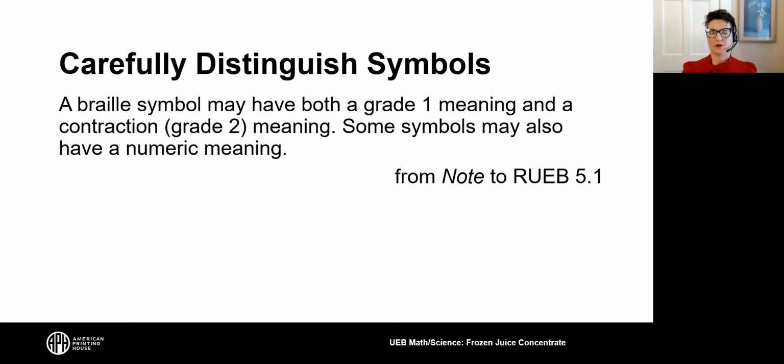Let's talk about just one more. In grade 1 mode, dots 1, 4 means C. In contracted or grade 2 mode, dots 1, 4 means can. It can be an alphabetic word sign. Or if it's numeric mode, dots 1, 4 means 3.